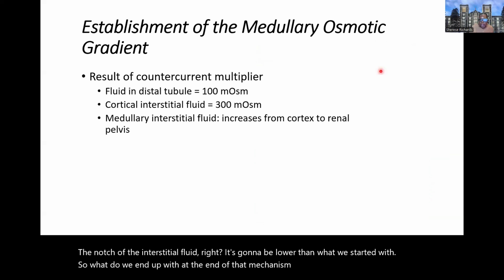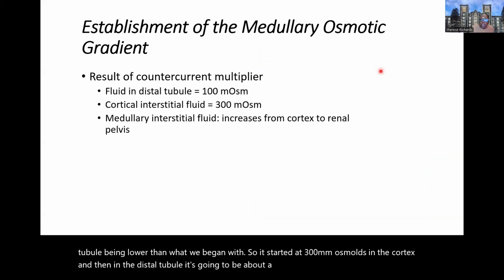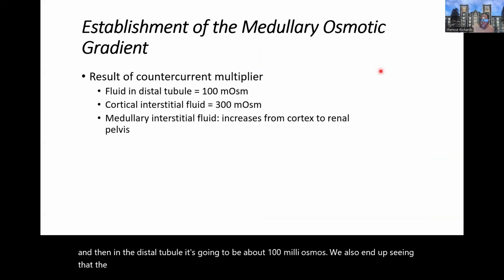We have fluid in the distal tubule being lower than what we began with. It started at 300 milliosmoles in the cortex, and in the distal tubule it's going to be about 100 milliosmoles. We also see that the osmolarity of the interstitial fluid of the medulla is increasing from the cortex down to the pelvis.